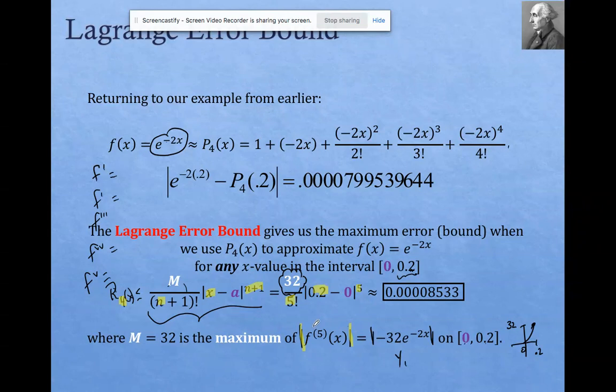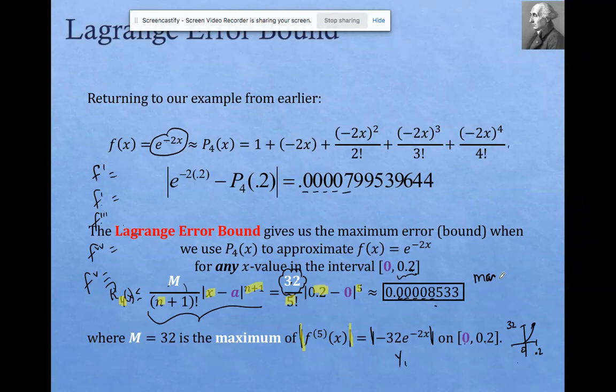Oftentimes what AP will do is give you that number, right? They don't really want you to, they will test you plenty on finding derivatives. They'll give you this number, but you have to know Lagrange's formula. Now I want you to look at what I got here: 1, 2, 3, 4, 8. That number is bigger or smaller than 1, 2, 3, 4, 7.